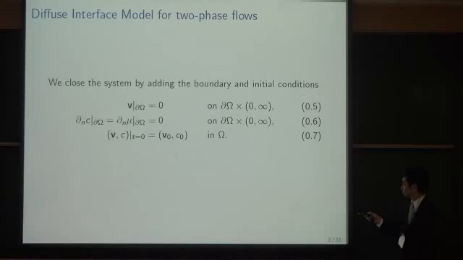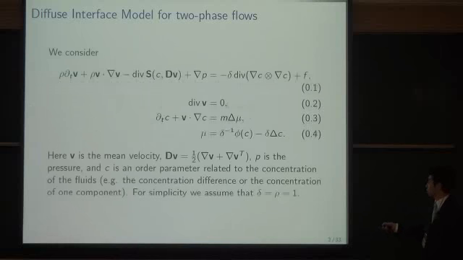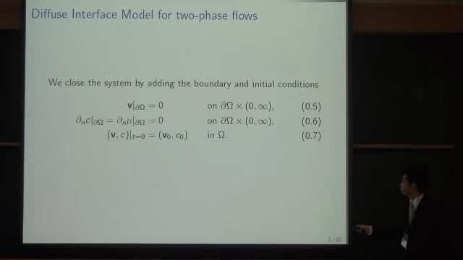And we add the boundary condition, a Dirichlet boundary condition. And also we put a Neumann boundary condition for C and mu. Mu is a function of C. And we put initial data as v0 and C0. So this is the equation we consider.